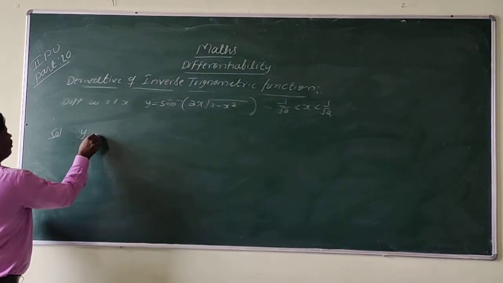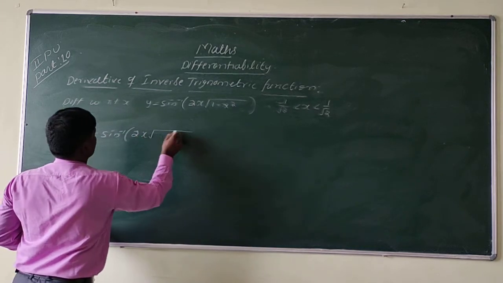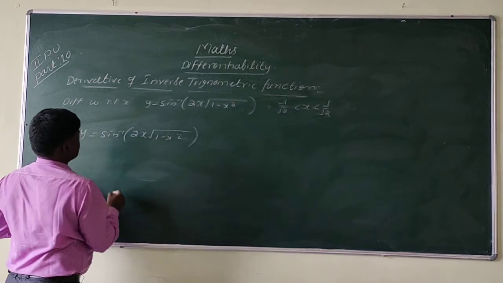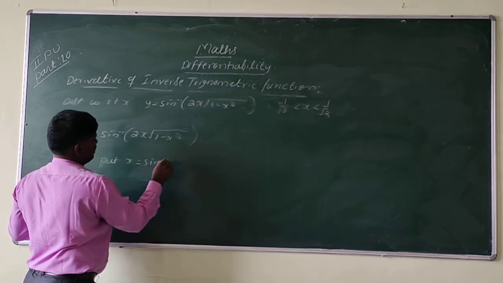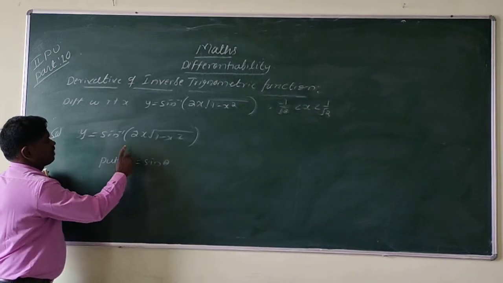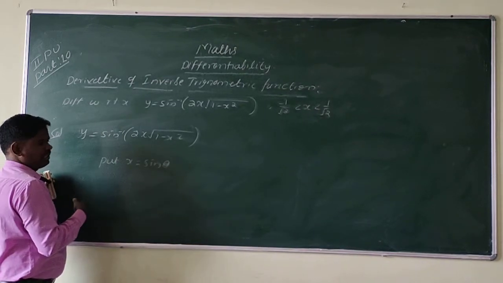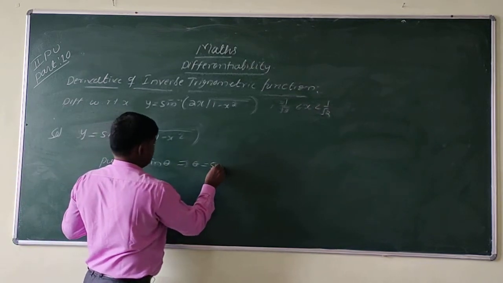So y is equal to sine inverse of 2x into root of 1 minus x square. Put x is equal to sine theta, because we are going to convert it in terms of sine. This implies theta is equal to sine inverse of x.